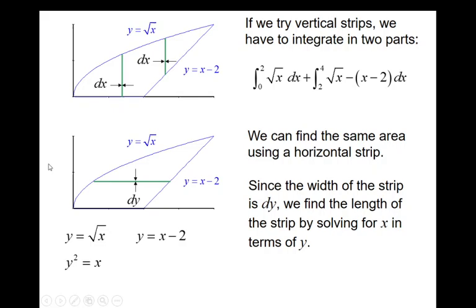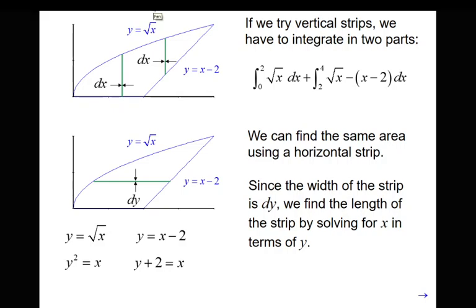The only difference is that we have to get our function in terms of y. In this one, our functions are in terms of x, but since it's dy, we've got to get x in terms of y. So that's the only thing that tends to make it more difficult.